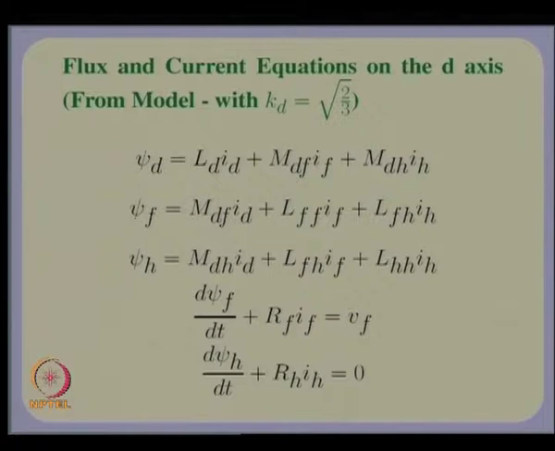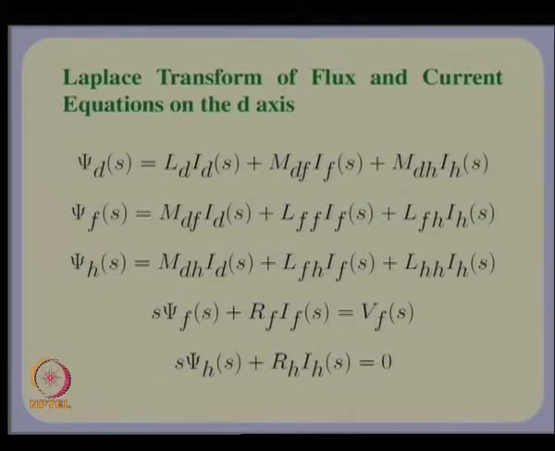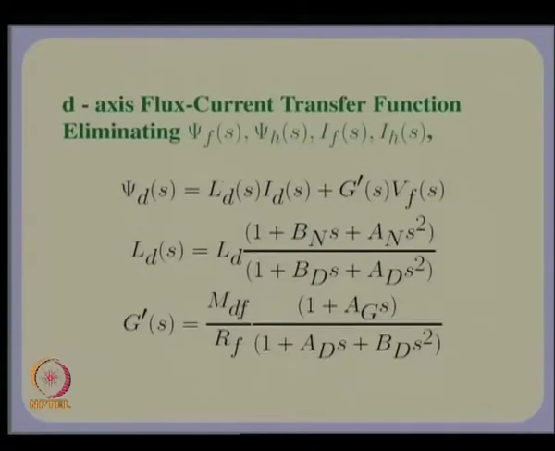We also have a differential equation, which is missed out here, corresponding to the d axis flux psi d. Now, if you take the Laplace transform, which is what we did last time, you get these equations, and from these, if you eliminate psi f of s, psi h of s, I f of s and I h of s, we get an input-output or transfer function relationship between psi d, I d and V f of s.